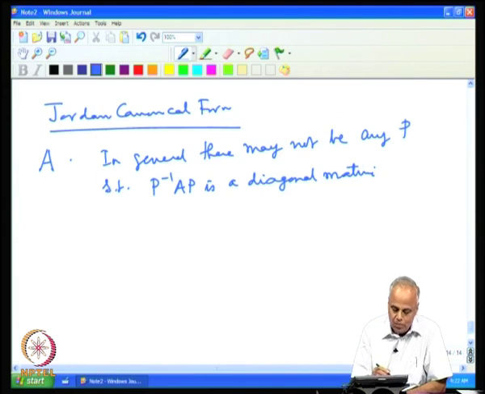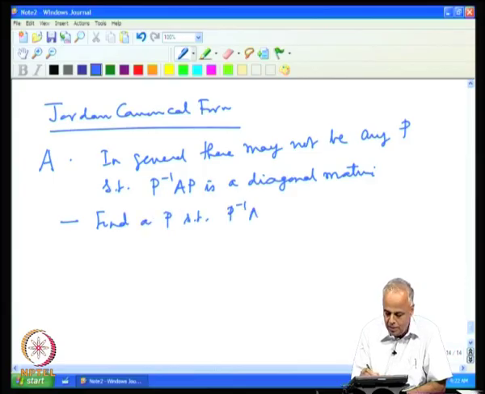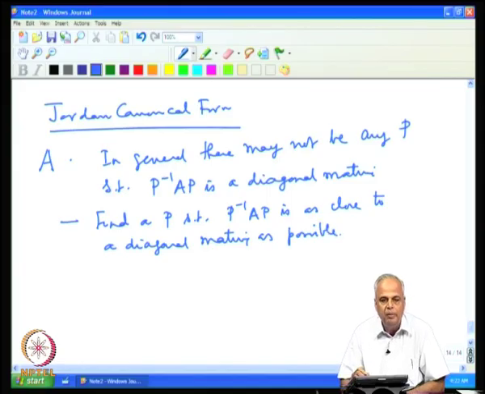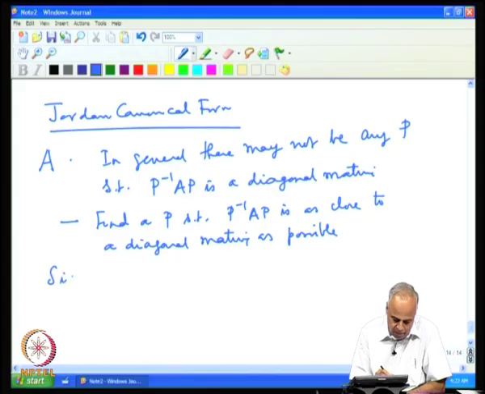We try to find a P such that P inverse A P is as close to a diagonal matrix as possible. Now, what do we mean by as close? Making these things formal and precise leads you to the notion of Jordan canonical form. What is the singular value decomposition?